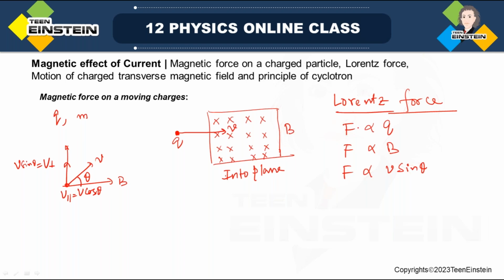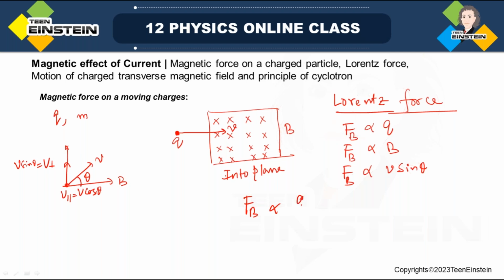So this is the statement, let me tell you, this is the magnetic force F_m. The magnetic force on the charged particle is directly proportional to Q, directly proportional to the magnitude of the magnetic field, and directly proportional to the component of the velocity which is perpendicular to the magnetic field. So if we combine all of them, what do we get?